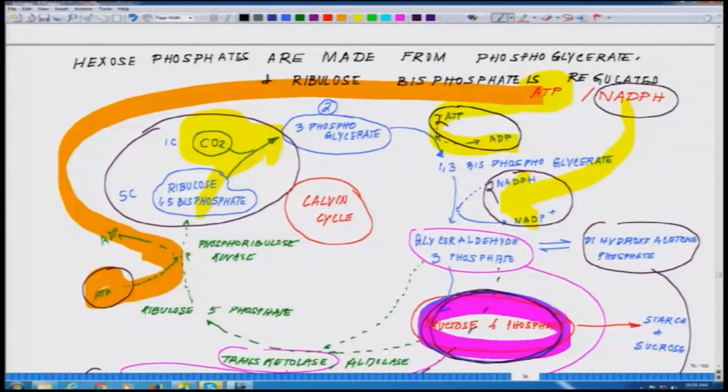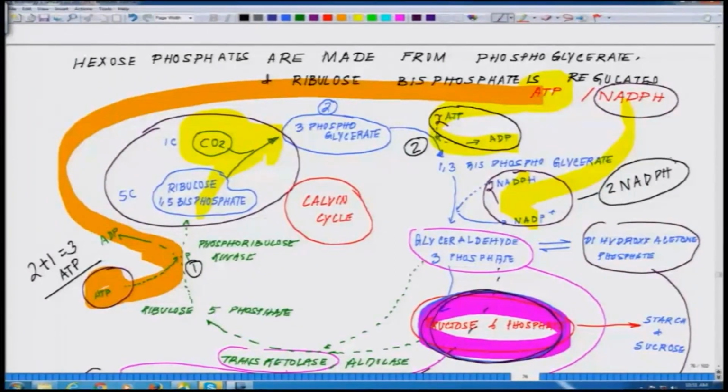So in one cycle there are 2 ATP plus 1, 3 ATP involved, whereas 2 NADPH are consumed.